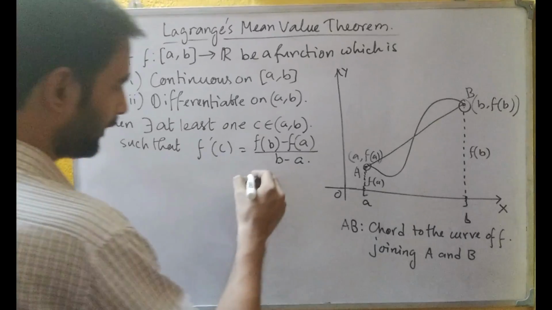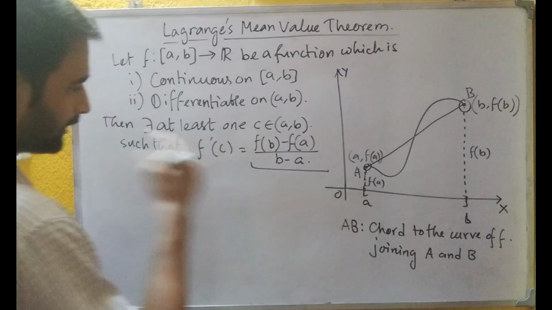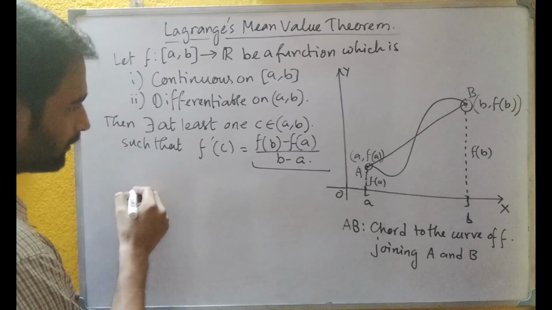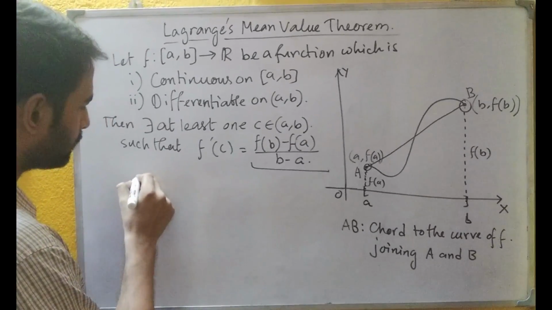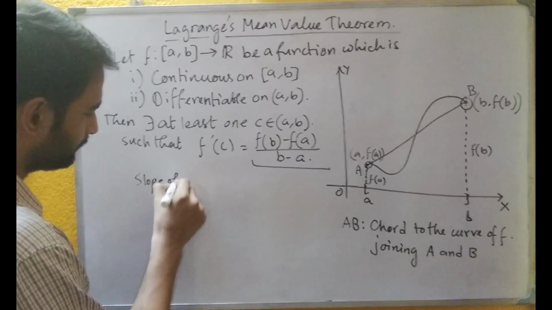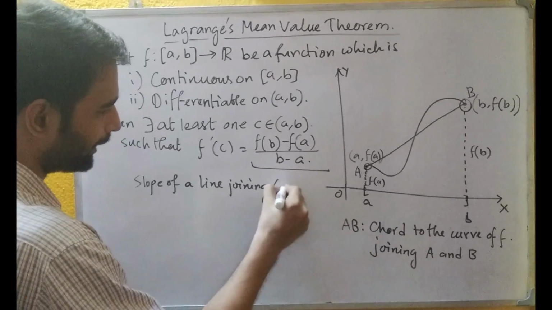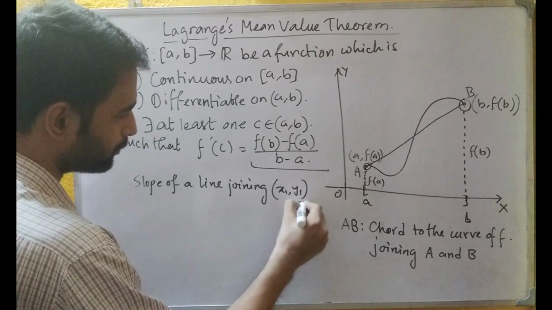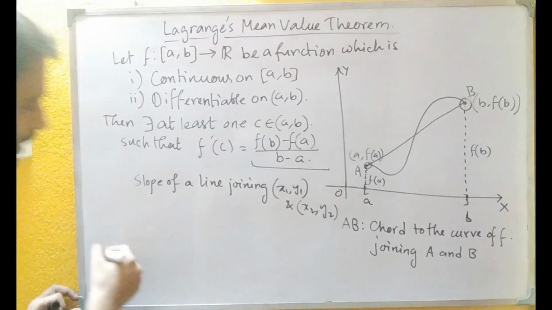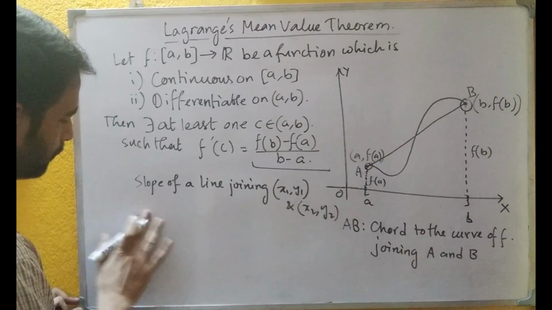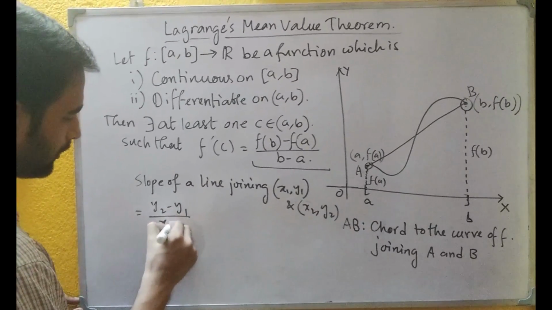Okay, now let us see what is in the right hand side of the equality. There is a similarity of this expression with something we have done in class 11. That was the slope of a line joining 2 points (x1, y1) and (x2, y2). So what was the formula for slope? The formula was (y2 minus y1) by (x2 minus x1).